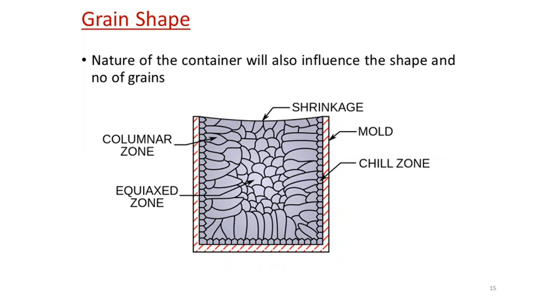If we consider the figure given, we can see at the top region there can be a shrinkage observed. This is due to the direct contact with the atmospheric air. There is a change in the size of the grains at the top region, and the grains which are very close to the walls of the container, or the mold cavity, will have a very fine grain size.